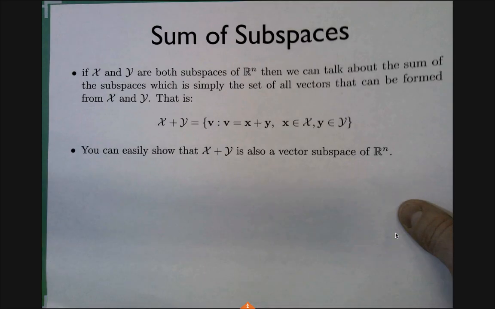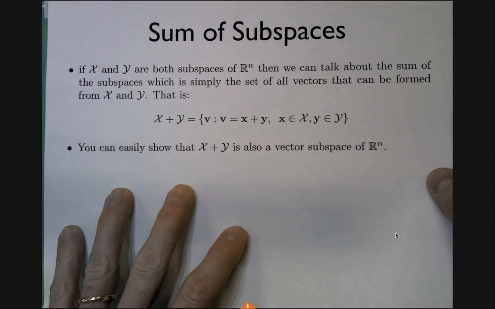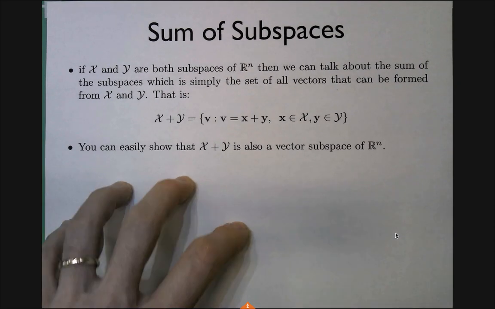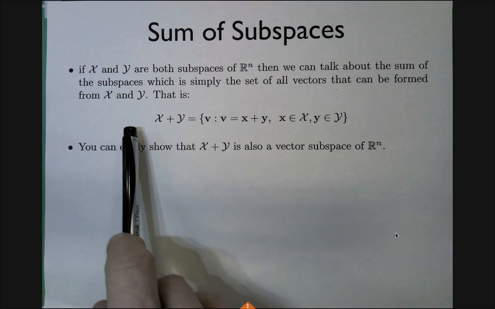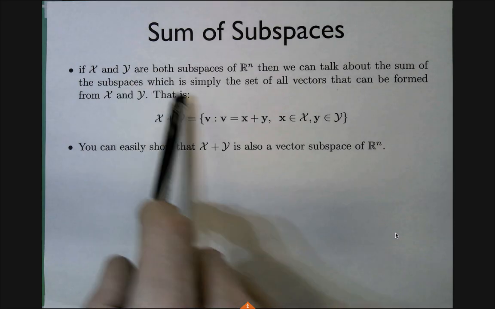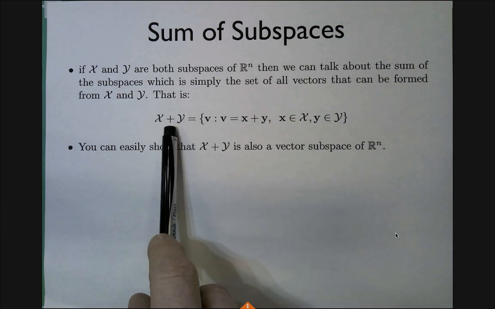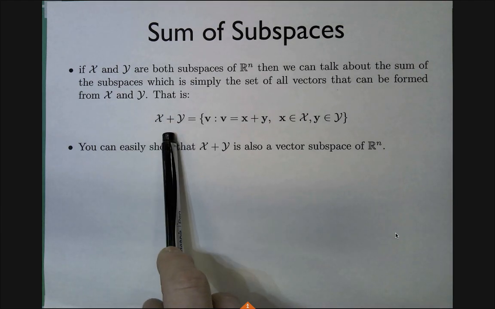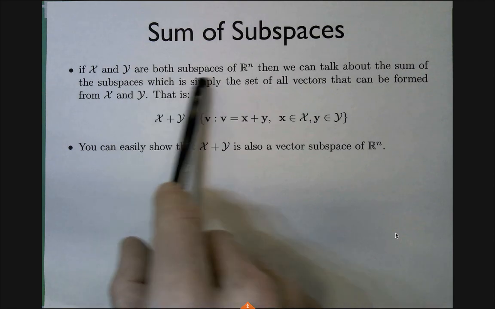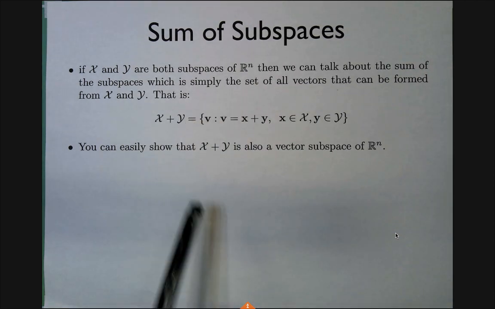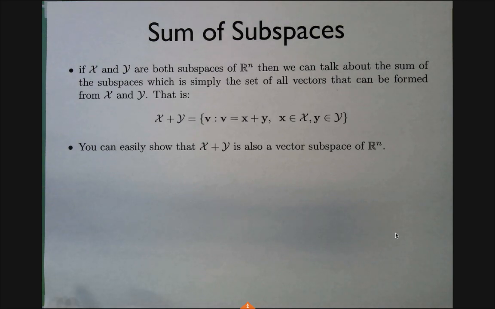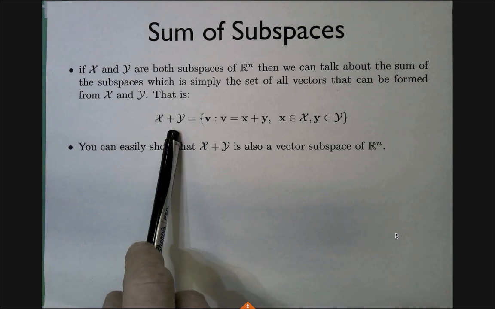That's span. The other fun thing you can do with subspaces is add them together. This is interesting because we are essentially defining plus on subspaces. Imagine X and Y are subspaces of Rn, and we can sum them together and obtain a new subspace. I'll give you an example in a second, but first the definition.